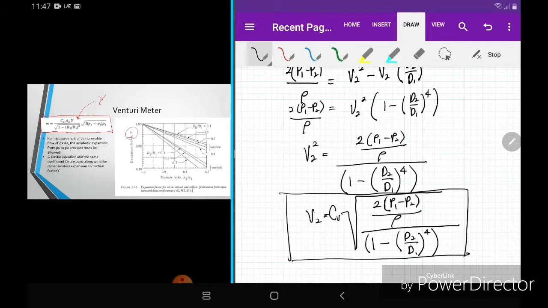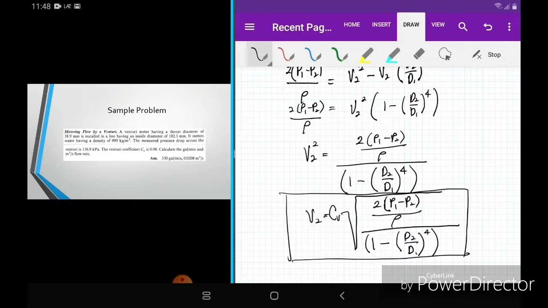Yan. First, alamin nyo yung pressure ratio at saka yung diameter ratio. Okay? Once you have the pressure ratio and the diameter ratio, then, i-project nyo, then makukuha nyo yung value ng Y, then yun yung gagamitin nyo dito sa equation na to. Okay?